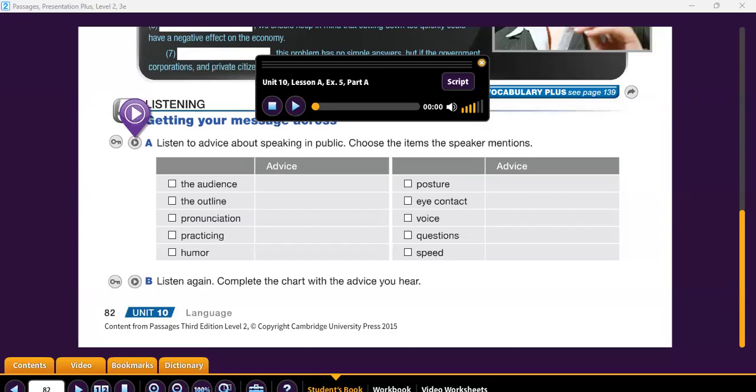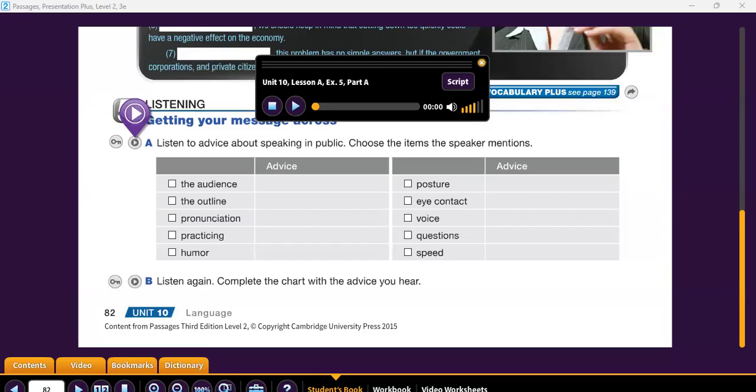It says that you have to keep it exact, simple and clear. Simple and clear, because if not, you can get confused. But it's important to have an outline because it's the way you're going to be organizing your speech.